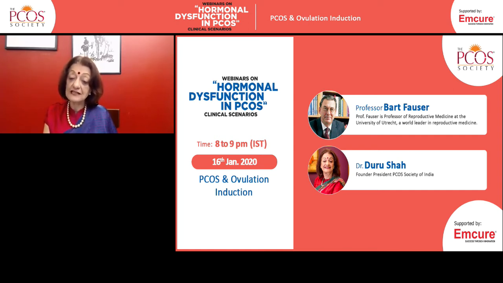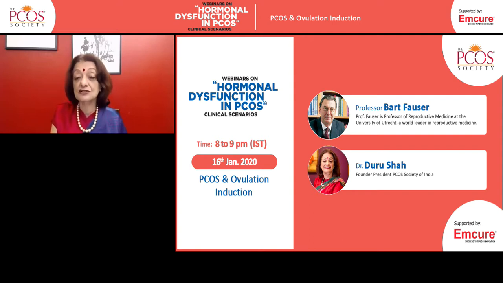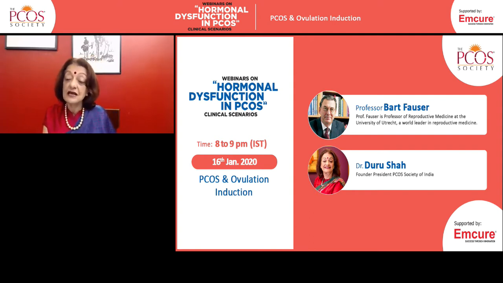We all say that the first step of ovulation induction is using ovulogens or oral ovulation inducing agents. And if that fails to work, then we go to the next step, that is using gonadotrophins with or without intrauterine insemination. And of course, the final step would be assisted reproduction if we are still not able to get our patients pregnant.